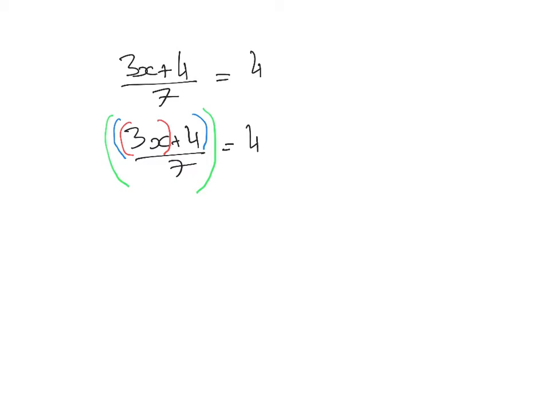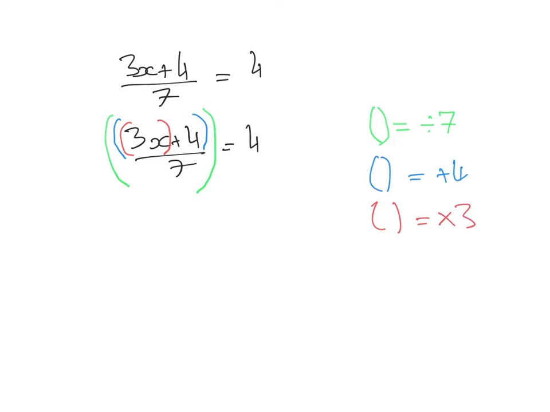So the outer layer, I'll put it over here, is the divide by 7. That's the outer one. Then the next one is the blue one, where we're adding 4. And then the inner one is where we're timesing by 3.